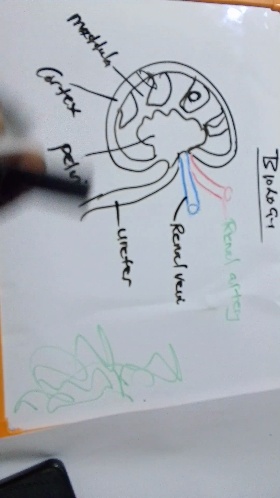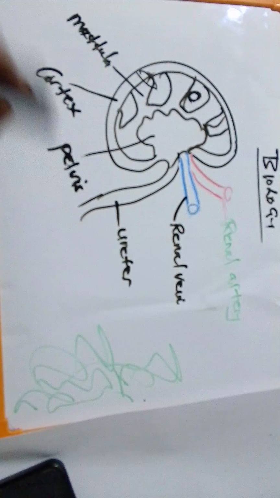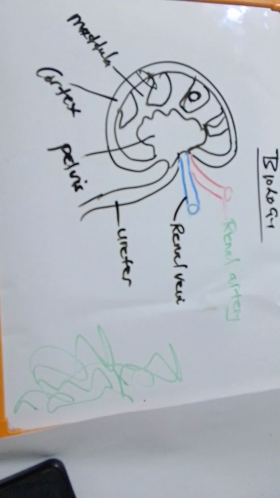So now let me come up with another diagram of a nephron, and then we'll explain what it does during the process of excretion.